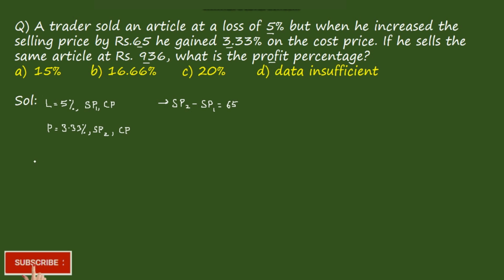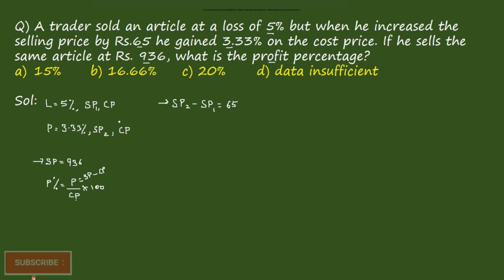So if the selling price is equal to 936, then the profit percentage is equal to how much? We have to find it out, which is nothing but profit by cost price into 100, right? Profit is nothing but selling price minus cost price. For this, we have to find the cost price. But we know that selling price 2 minus selling price 1 is equal to 65 rupees.